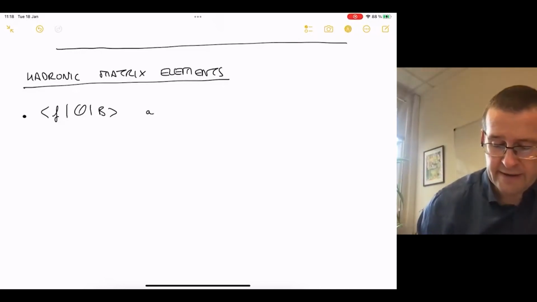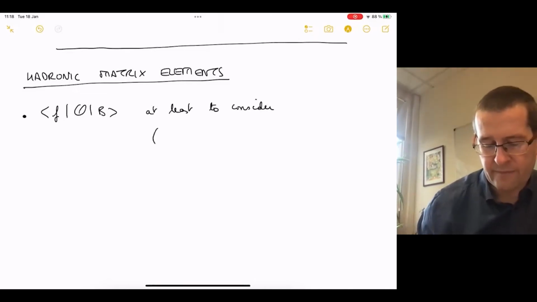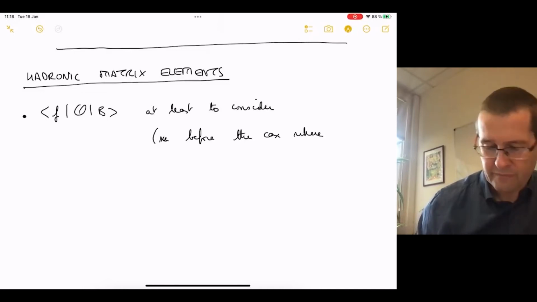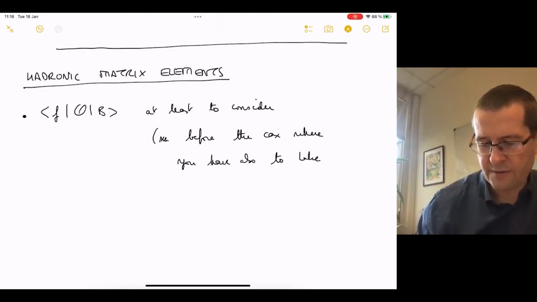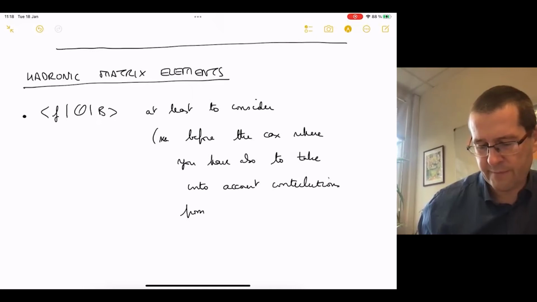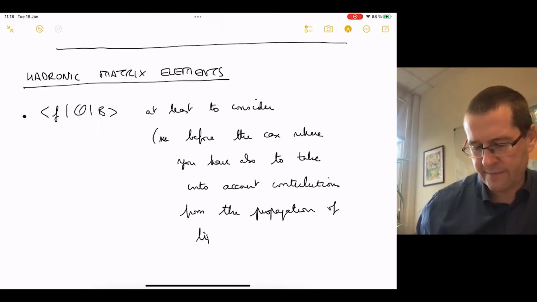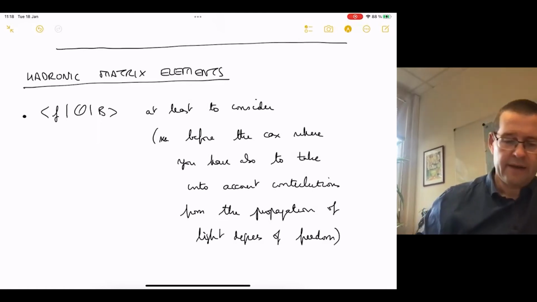So at least to consider. As I said before, the case where you also have to take into account contributions from the propagation of light degrees of freedom.